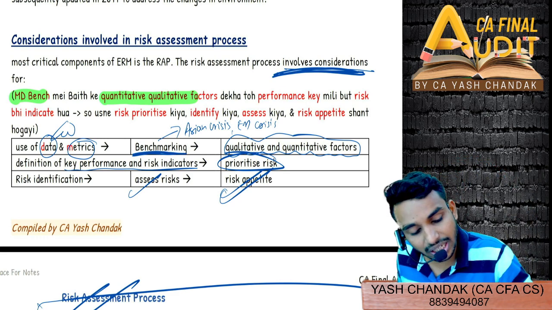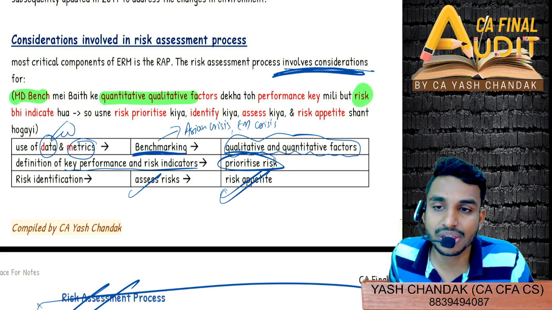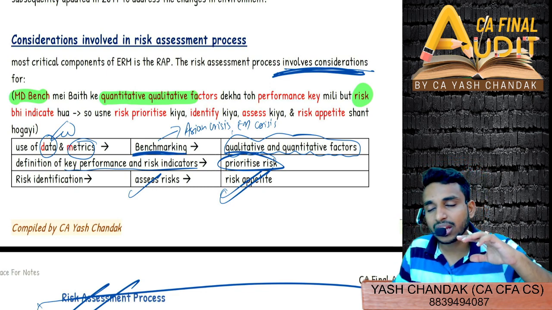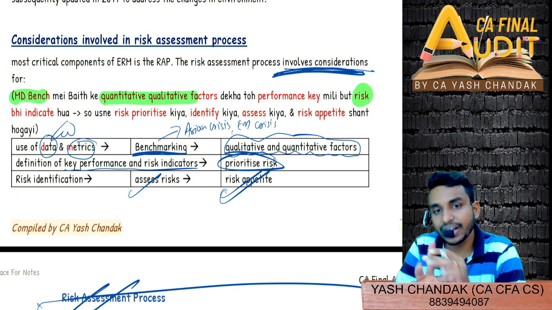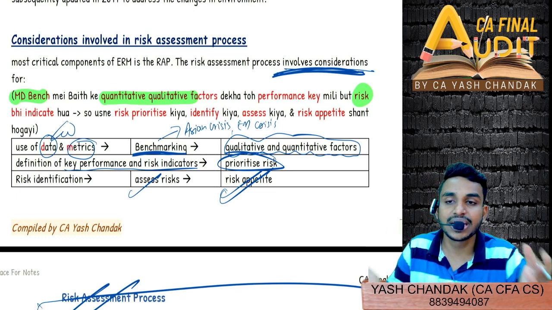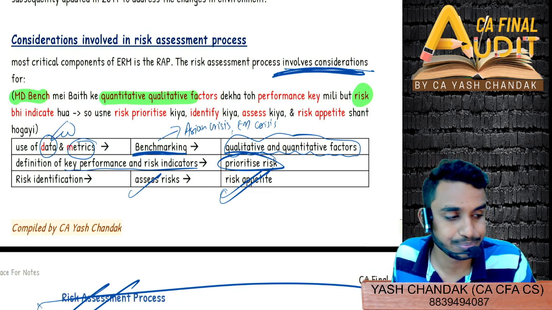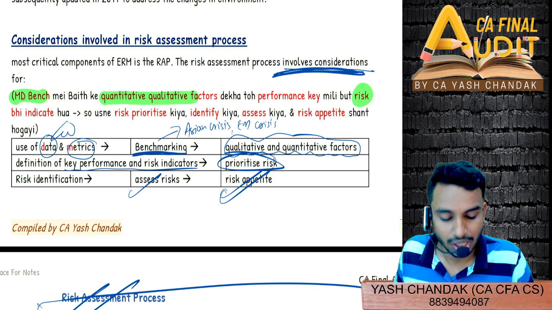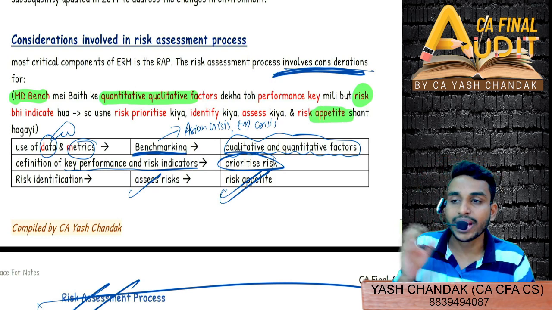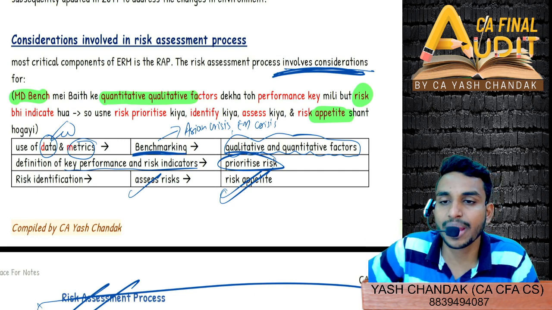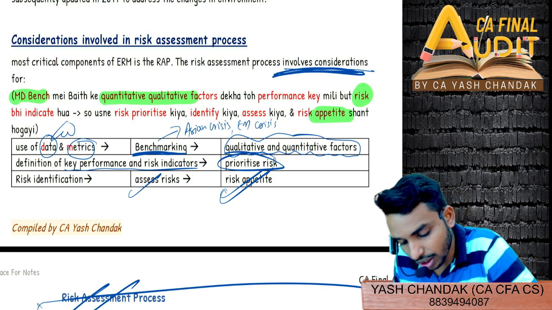But then he indicated some risk, and after indication of the risk, he prioritized the risk, identified the risk, assessed the risk, and after that his appetite got over. He got satisfied with the things that he did. So it's kind of a story, you can link all the points. MD sat on the bench. MD means what?